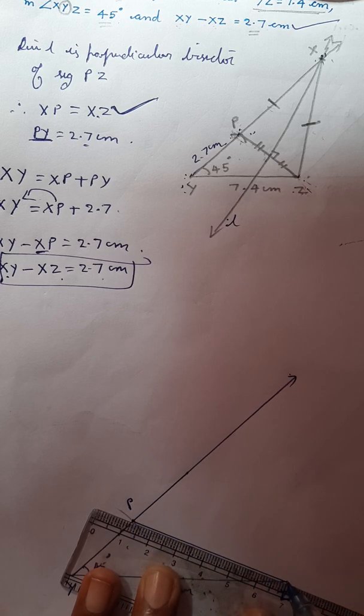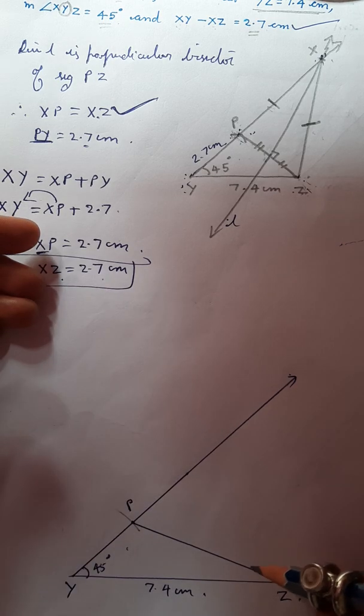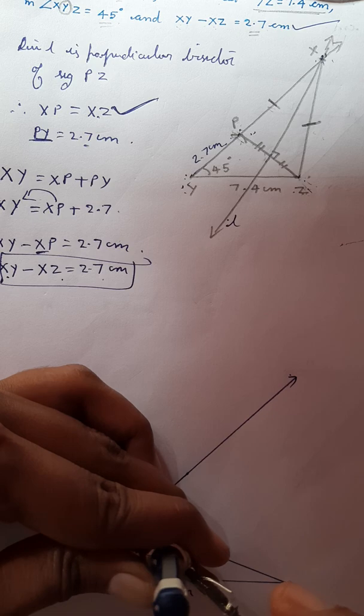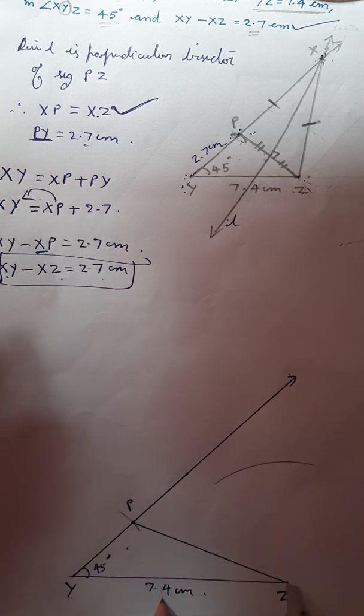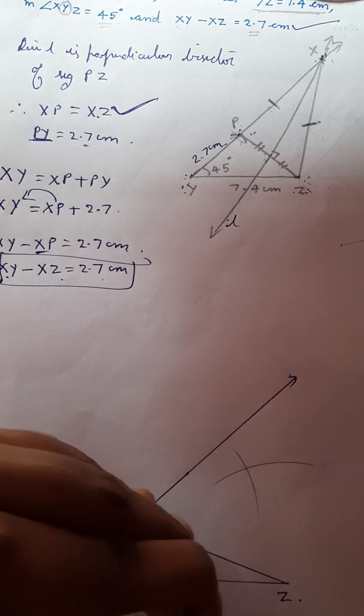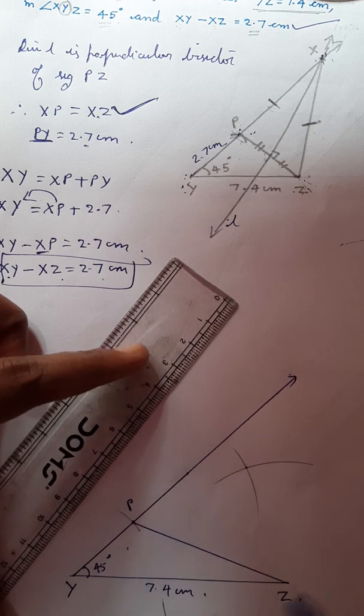Now we are bisecting PZ. How to bisect? Take more than half the measure of PZ and cut arcs on both sides of PZ. Now join these intersection points.